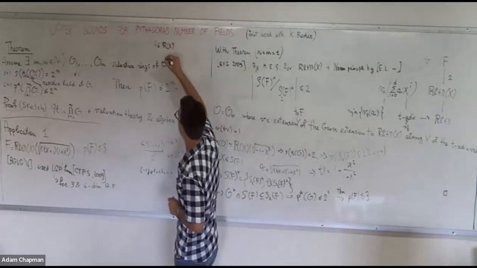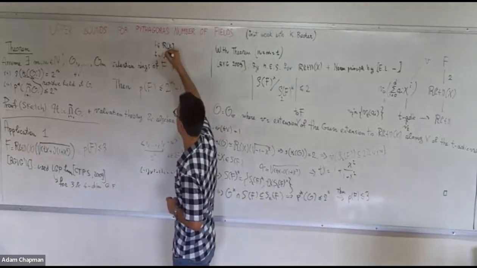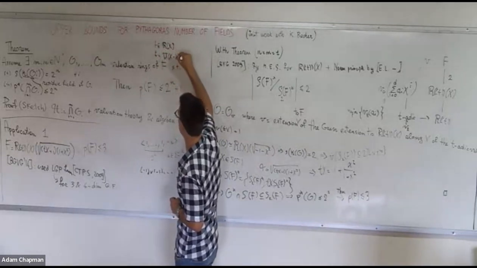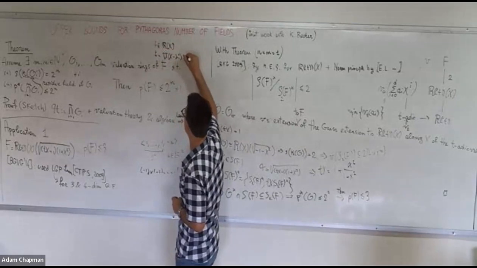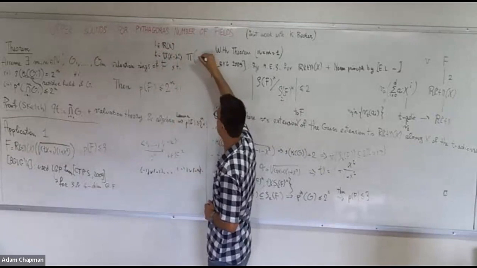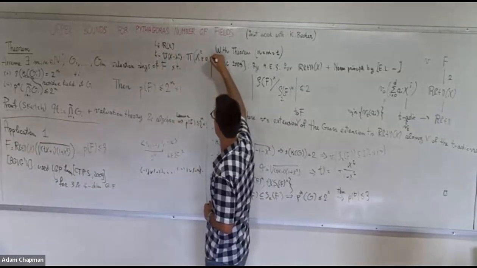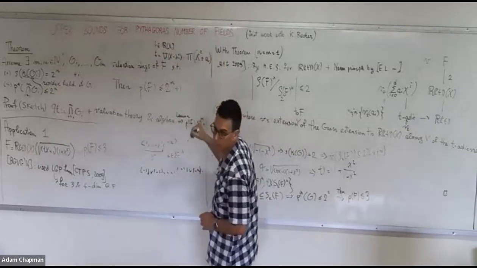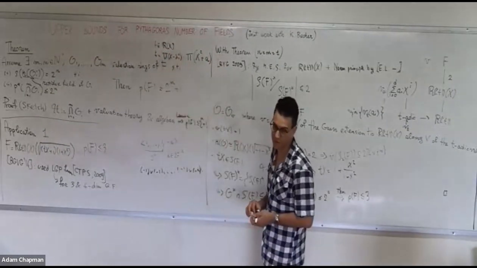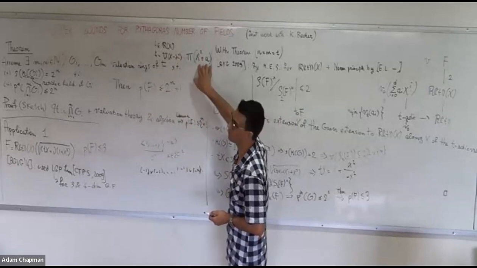So we factor the polynomial in R of X, and it will be a product of linear terms times a product of degree 2 terms, which will be sums of 2 squares.